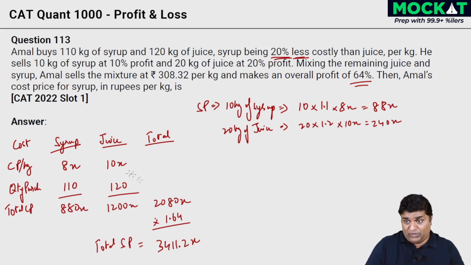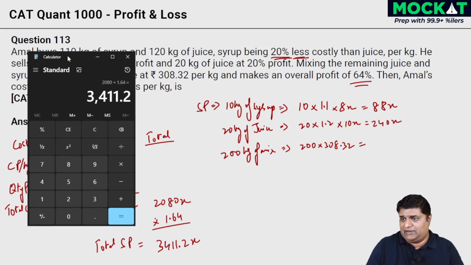We have 200 more kg. Now what is happening? Mixing the remaining juice and syrup, that's 100 plus 100. 10 is sold from 110, 20 is sold from 120, you're left with 200 combined. 200 kg of mixture is sold at what price? 308.32, right? So 200 is sold at 308.32. Once again, you can bring in the calculator. 200 into 308.32 is nothing but 2 into 30832.